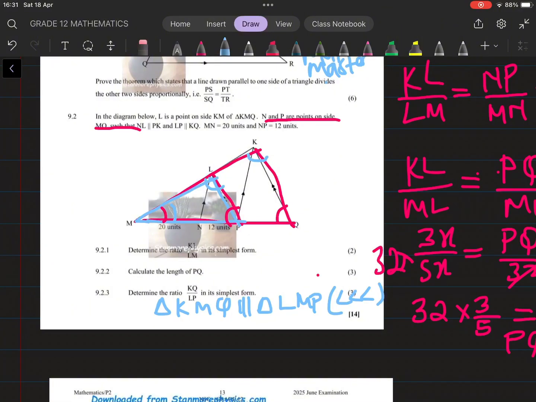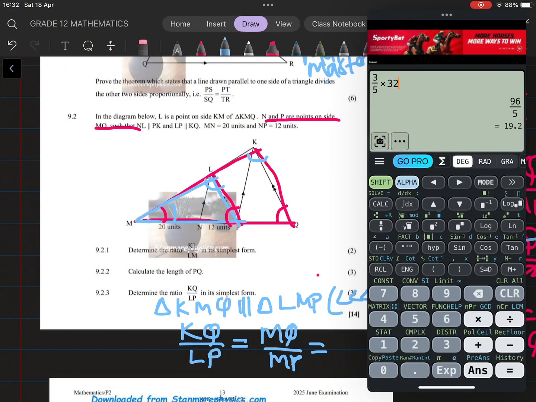Meaning now I can say that KQ divided by LP is equal to MQ divided by MP, which is equal to, then we're going to have 12.